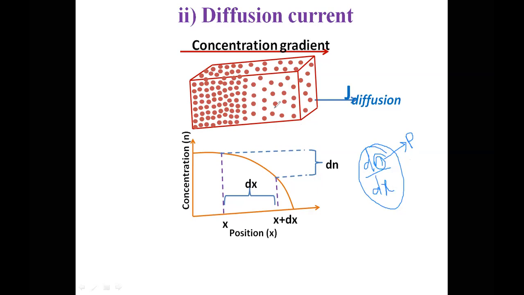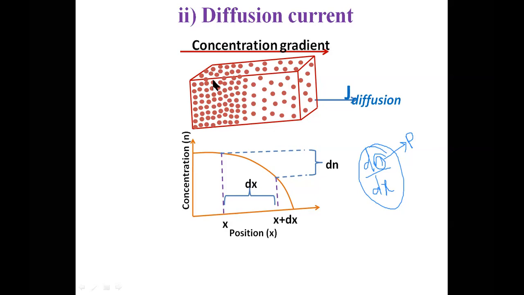Now one can ask, how do we create such a concentration gradient within the semiconductor? Simply, if you take this semiconductor and shine light on one end of the semiconductor, then carrier generation takes place, which increases the concentration of the charged particles in that region.